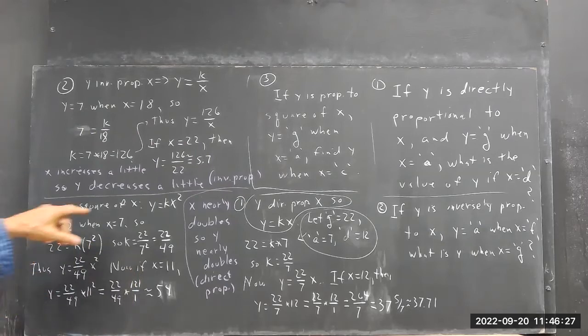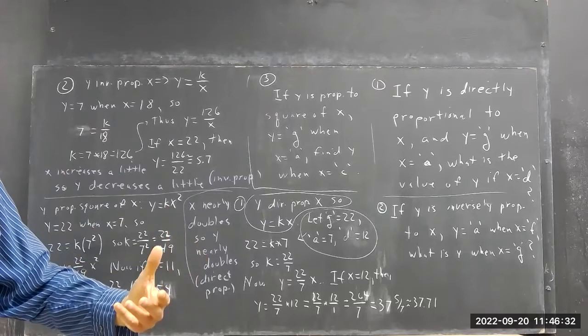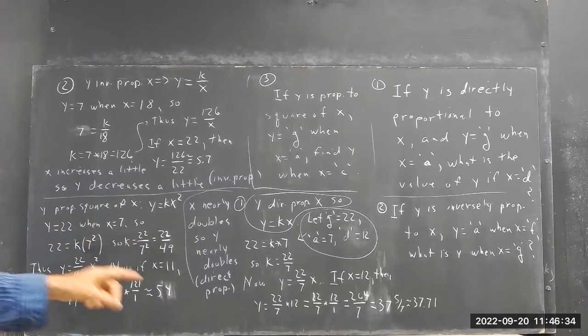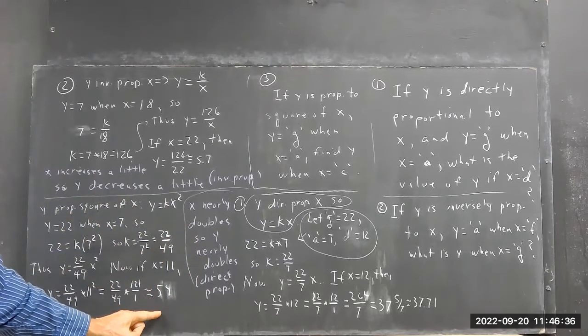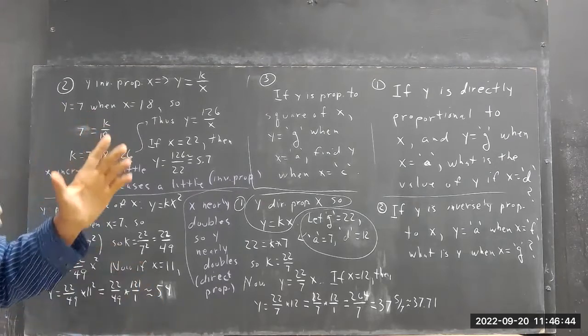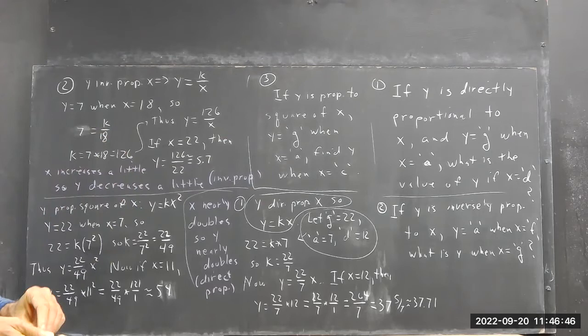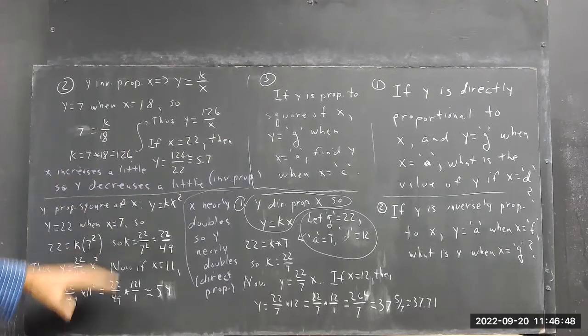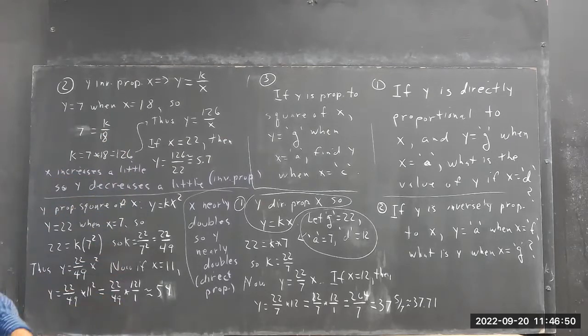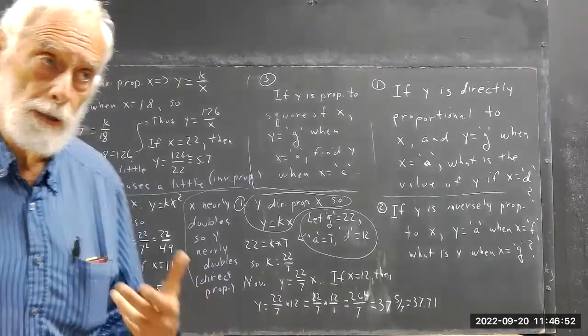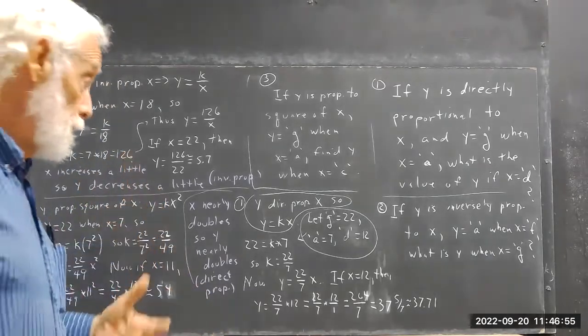So with y directly proportional to the square, y should be a little more than double, between double and triple. If it doubled, you'd have 44. If it tripled, you'd get 66. 54 is between 44 and 66 and a little closer to 44. Now, if you can think those numbers or write them down, and think in terms of what the proportionality is telling you, you'll have a deeper understanding and you'll be able to better apply it.